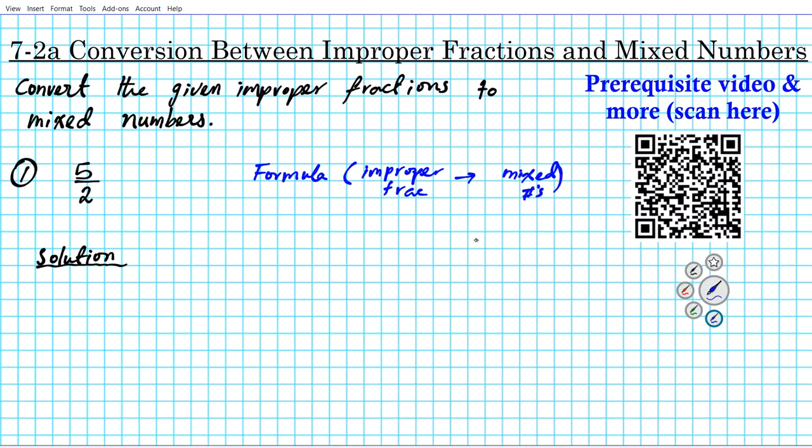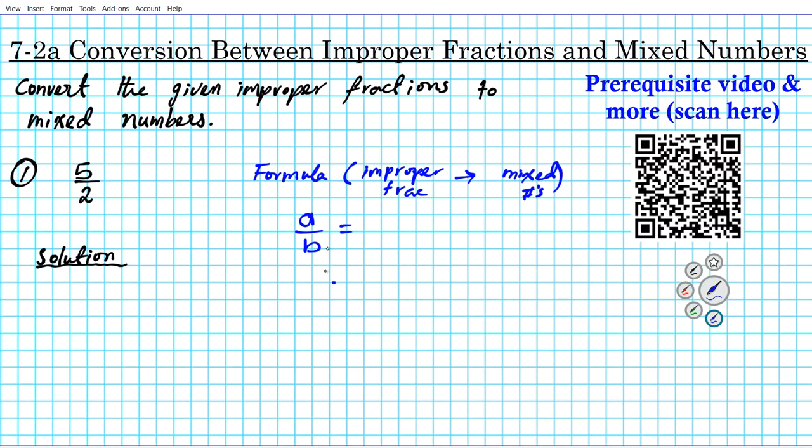Mixed numbers are basically a combination of a whole number and a proper fraction. So let's say we have an improper fraction given by a over b. To convert it to a mixed number, all we're going to do is use long division.